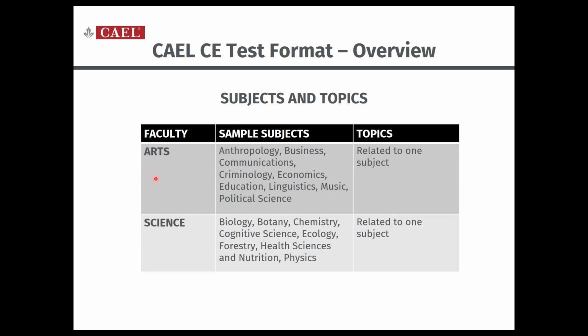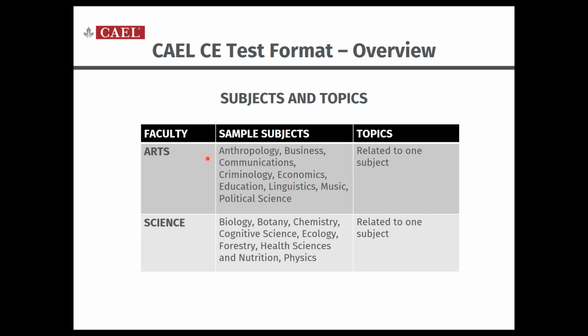So for each of these faculties, we've got dozens and dozens of subjects, and I've put some sample subjects up on screen for you. These are probably the more common ones. And each topic on your test will be taken from one of these subjects.